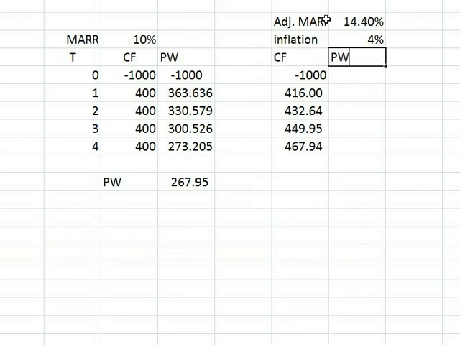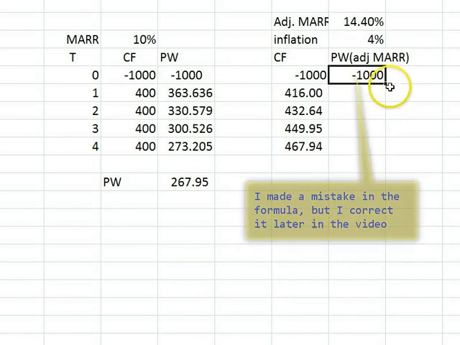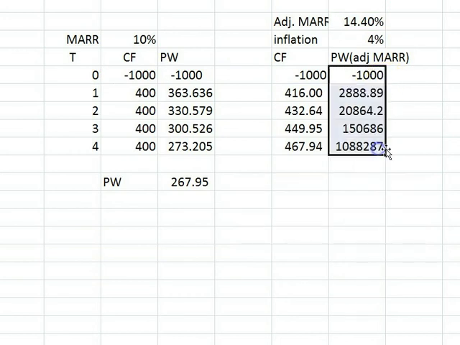This is going to be the present worth with the adjusted minimum attractive rate of return. So we take each one of the cash flows, divide them by 1 plus this rate raised to the t, and we keep the 1,000.